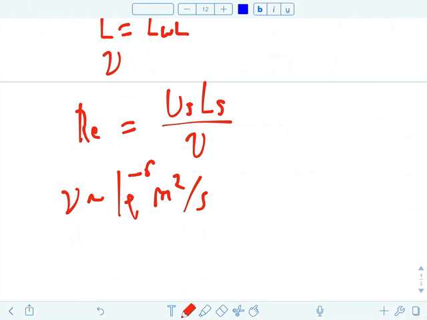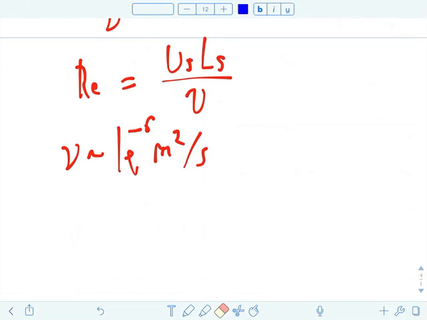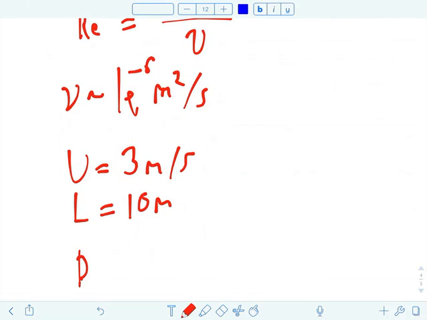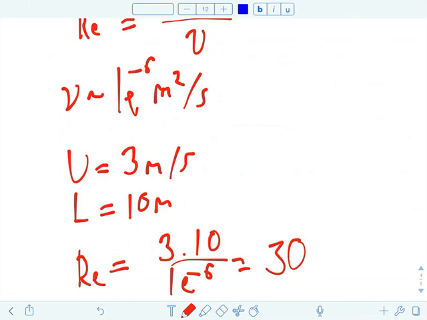So let's say you have a ship. Just for an example, the velocity of the ship is 3 meters per second, and the length of the ship is 10 meters. Then my Reynolds number is going to be approximately equal to 3 times 10 divided by 1e to the minus 6, which is equal to 30 million, 30e6.